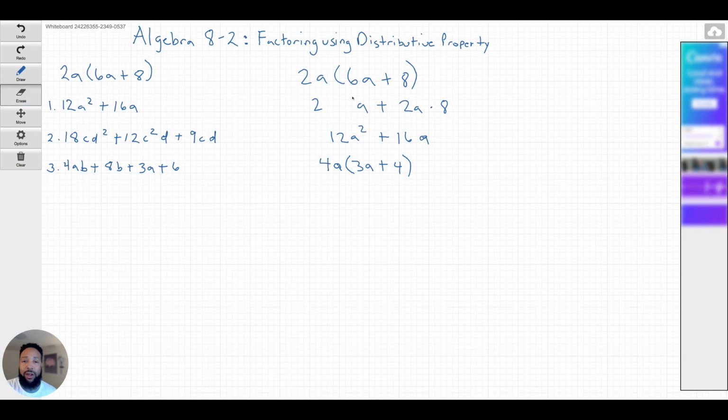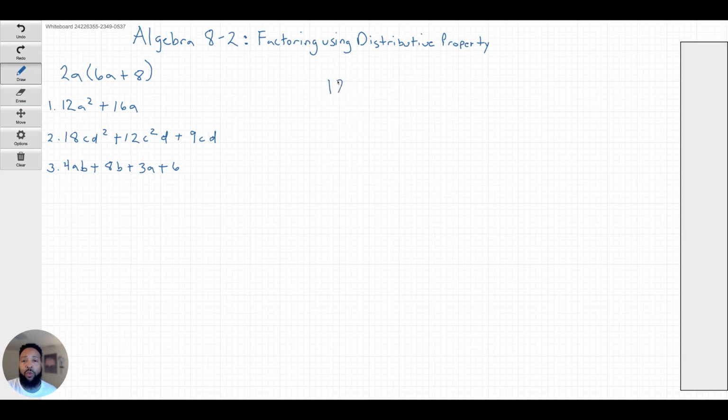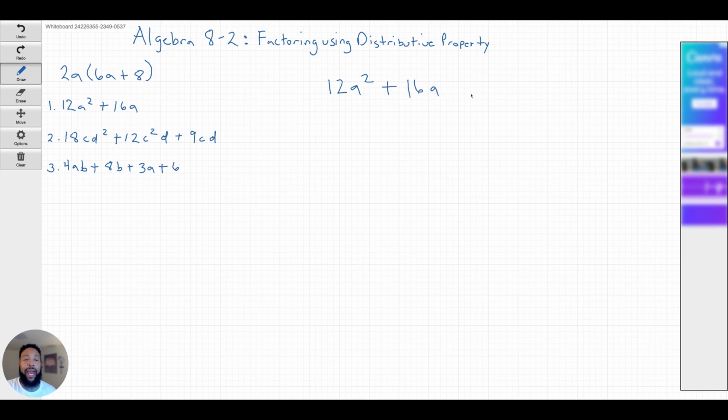So let's get started. Okay, so my first problem is going to be 12a squared plus 16a. And when you're reading, it may say factor completely. So how are we going to do that? You're going to look at the greatest common factor.